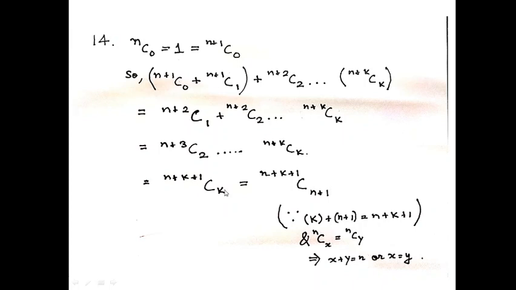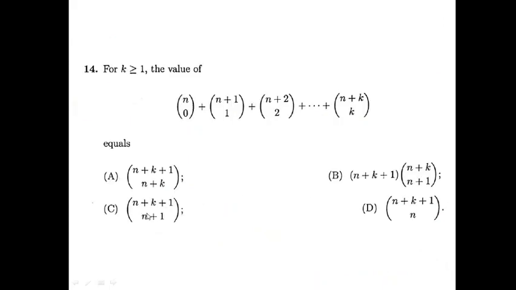Now another property says that if nCx equals nCy, then either x plus y equals n or x equals y. So we have used the x plus y equals n property. So n+k+1 Ck equals n+k+1 C(n+1). So our answer would be C.